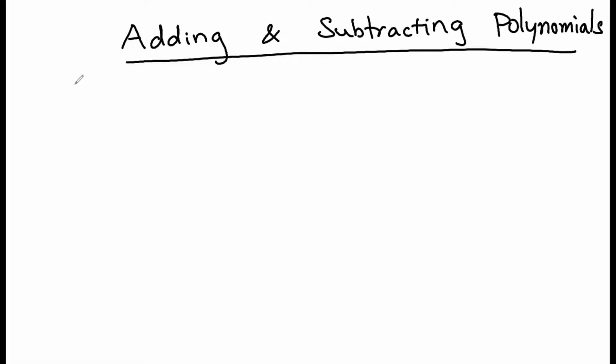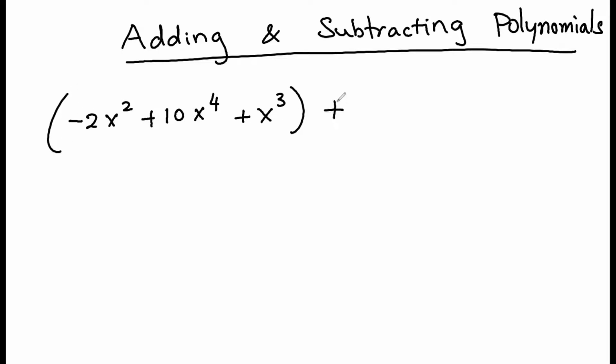Let's talk about adding and subtracting polynomials. Let's say we are given two polynomials, negative 2x squared plus 10x to the fourth power plus x cubed. And we have to add this polynomial with another polynomial, 4x cubed plus 3x to the fourth power plus 8x squared.